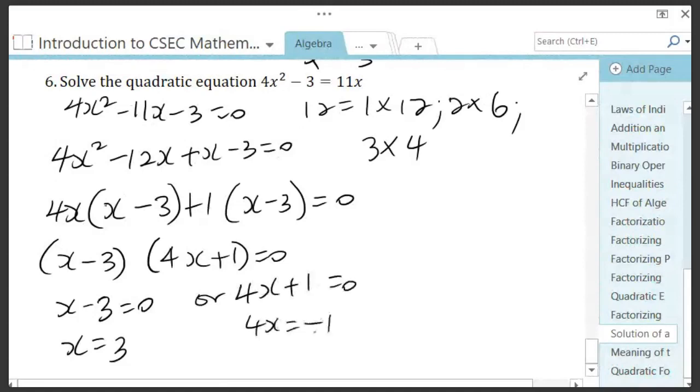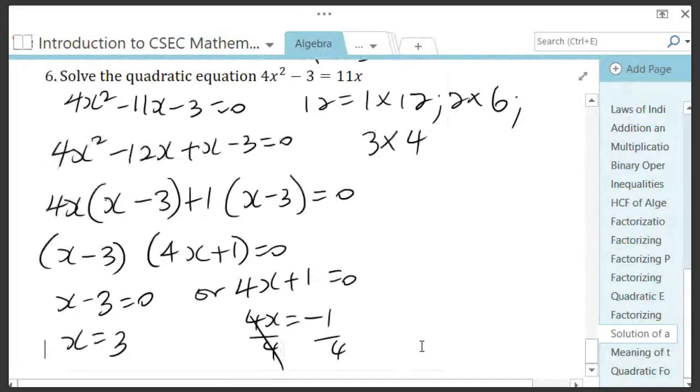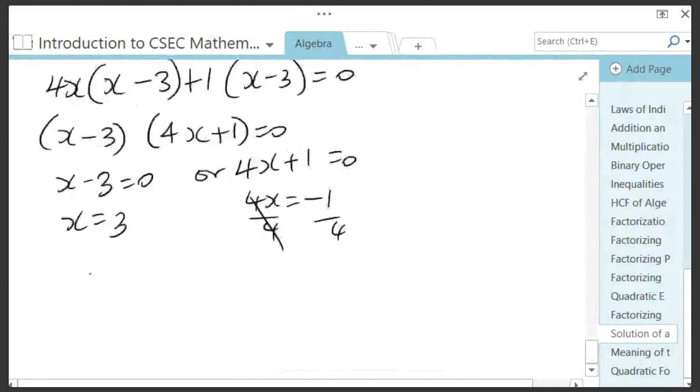Divide by 4, divide by 4. x here is equal to minus a quarter. Therefore, x is equal to 3 or x is equal to minus a quarter.